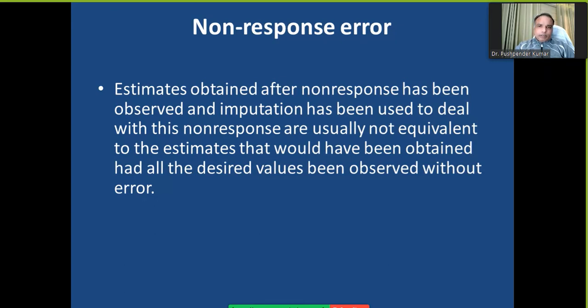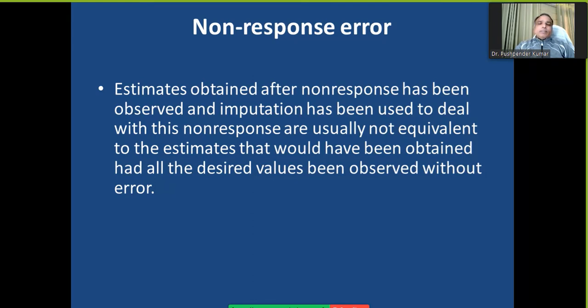So what do you do generally? You estimate, right? You estimate that when 950 people have responded in such a manner, the other 50 also would have responded in this manner, right? So here you obtain the estimate, and then you fill in the information missing because of non-response. This is a very common practice in statistics, right?